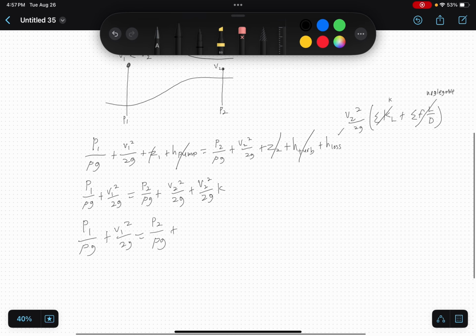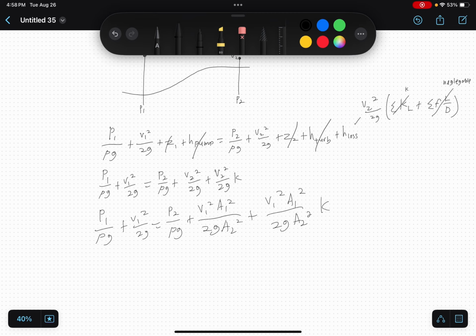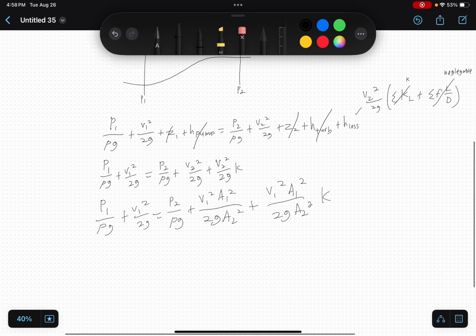V2 squared is V1 squared times the area ratio squared. Okay. Yep, that is it.